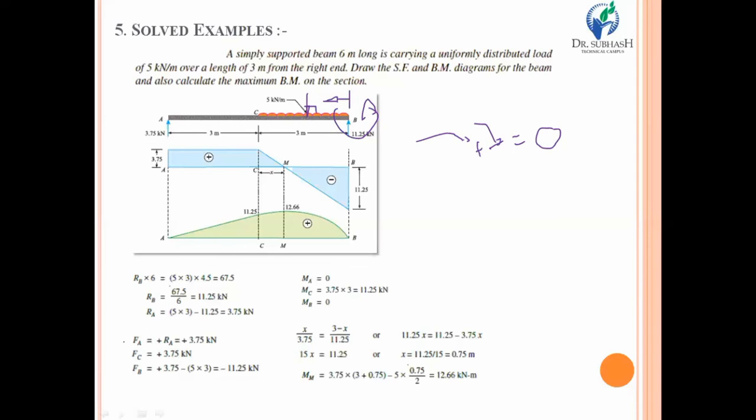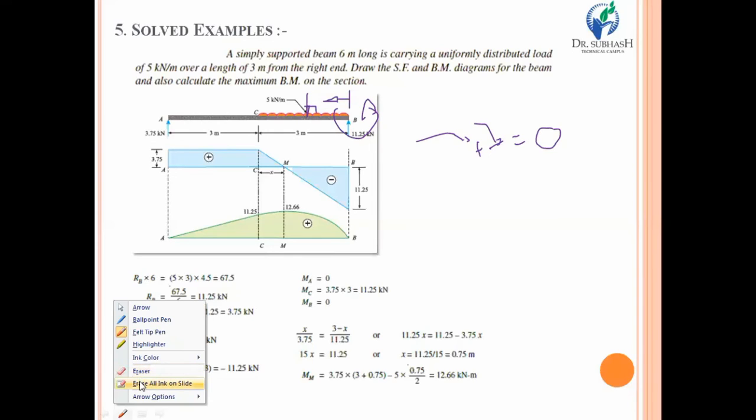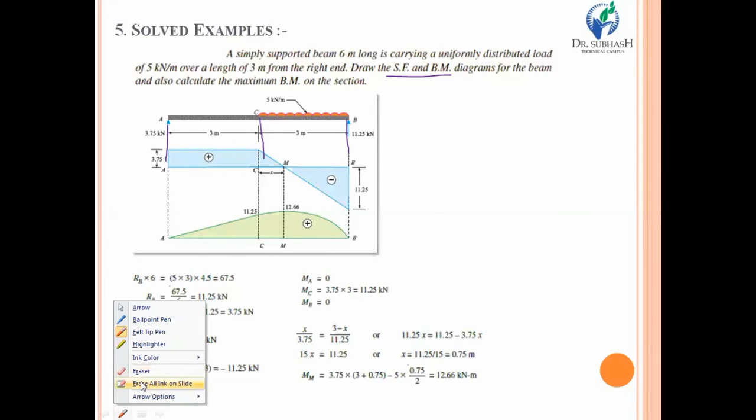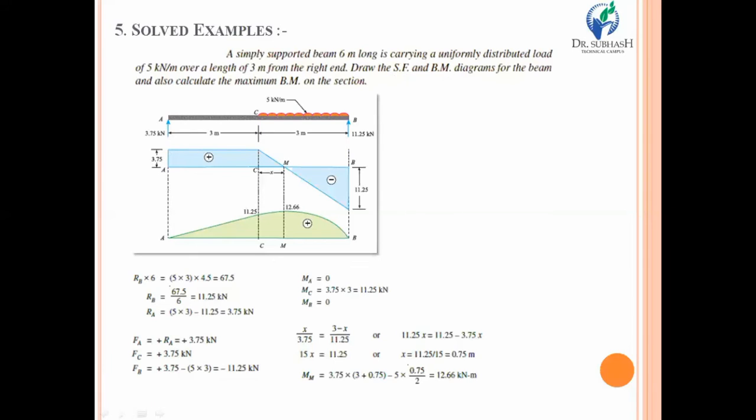Now, once you have calculated shear force and bending moment, you need to draw the shear force and bending moment diagrams, that means SF and BM diagrams. It's very easy to draw. First of all, you have to draw a vertical dotted line from each and every section, and then think about each and every section. This is the shear force diagram, this is the bending moment diagram.